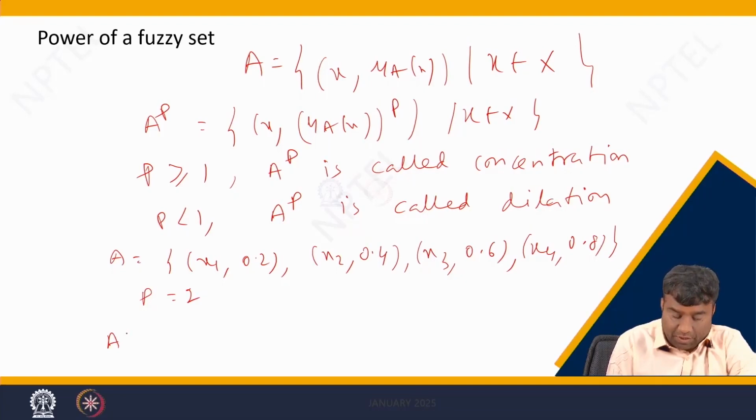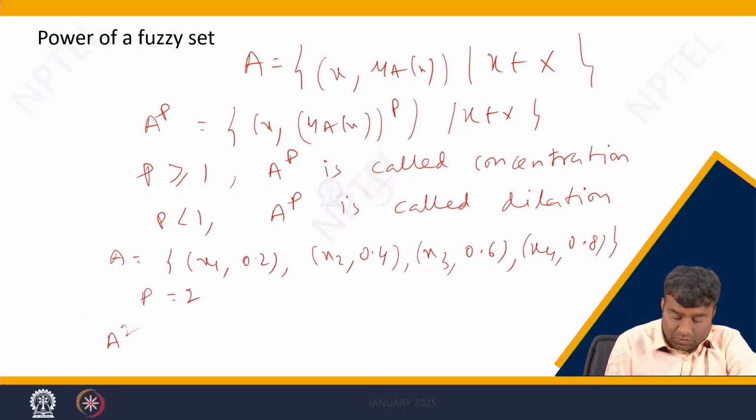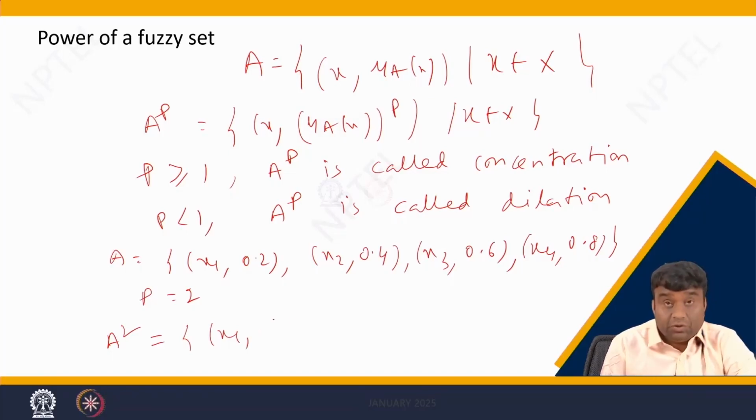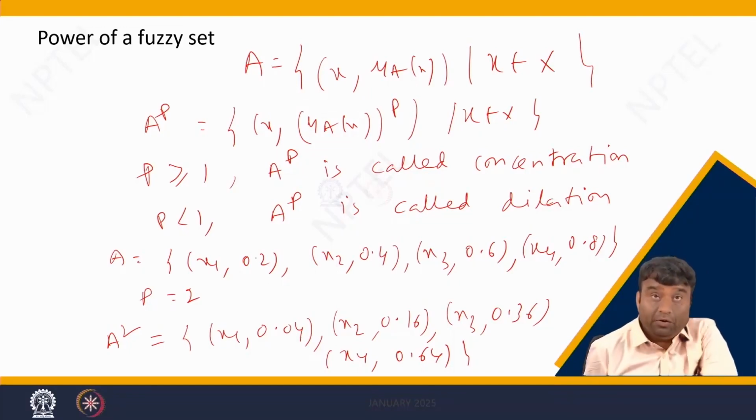So A to the power 2 you can write like x1 0.2 to the power 2, 0.2 whole square, so that is 0.04. You can write x2 equal to 0.16, x3 0.36, x4 0.64. So that is called the power of a fuzzy set.